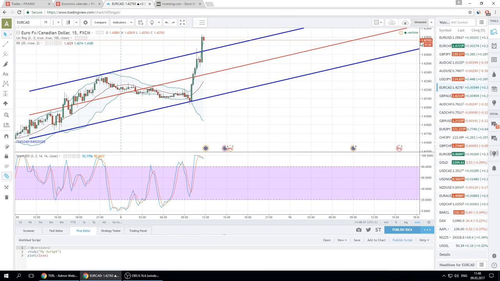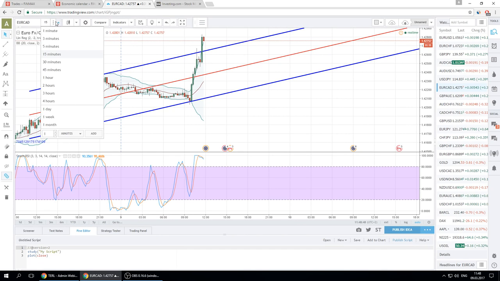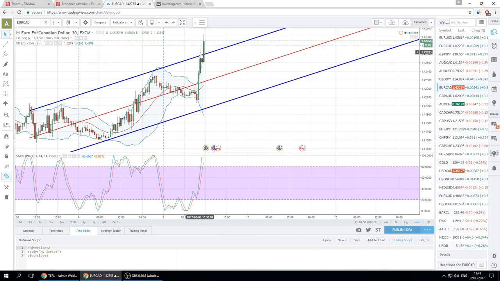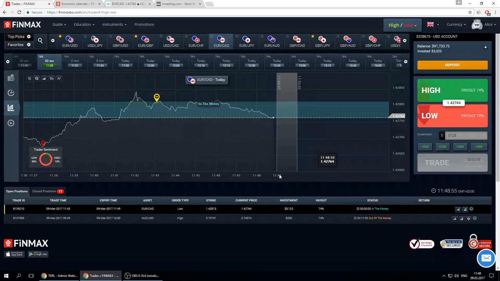In 11 minutes this candle is going to be closed, so there will be a pretty good situation for entrance. On 30 minutes it's not clear now, so we need to wait for the next candle to appear.